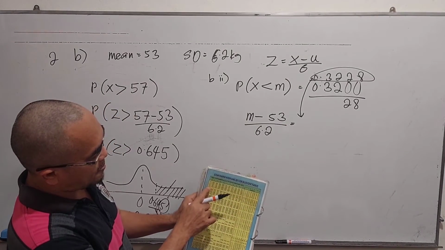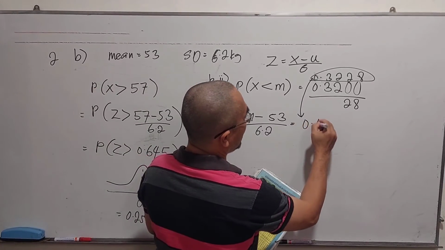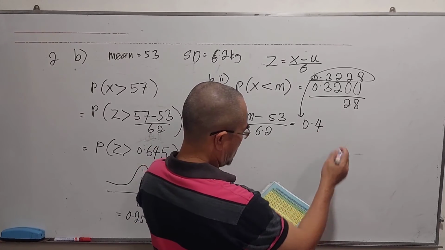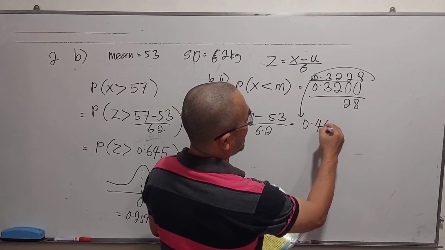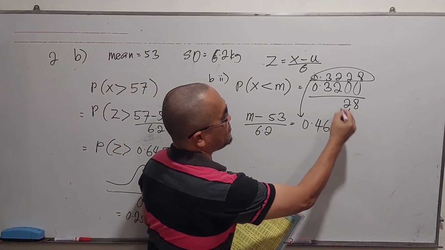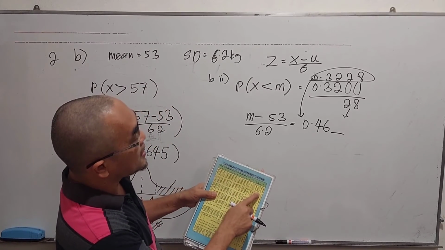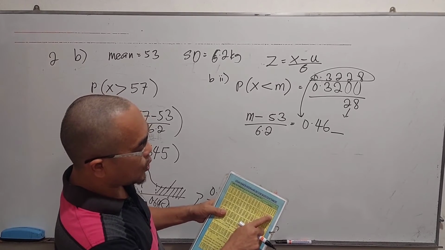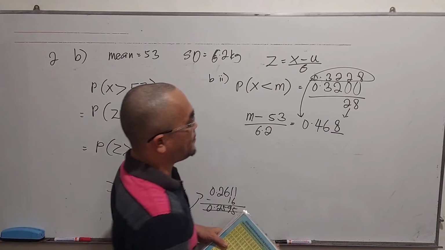So you have to read from the left and then look up. 0.46. And the third decimal is of this value. So look straight. Is there any 28? No, but the nearest will be 29. So above number 29 is 8. So you put that 8 here.